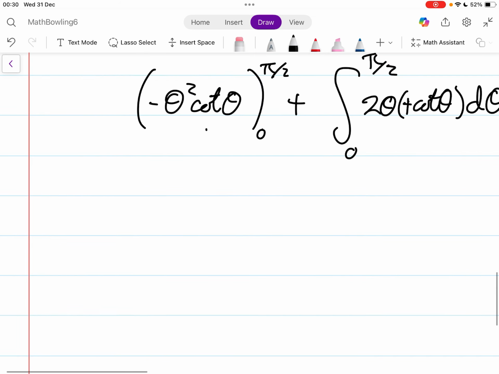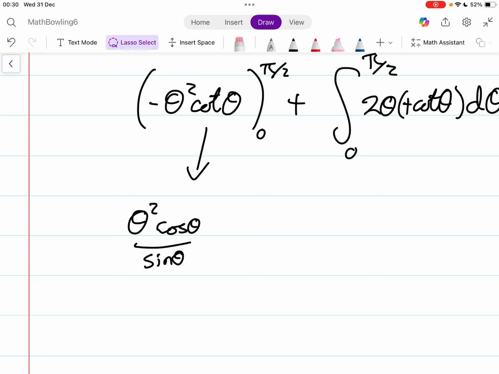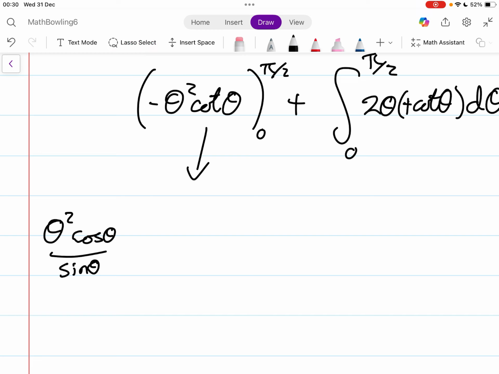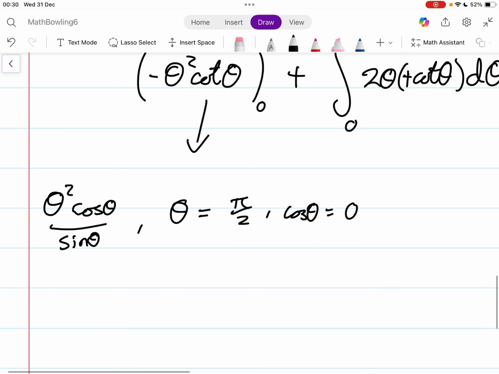Now the thing that we can notice about this is that we've got theta squared cos theta over sine theta. When theta equals pi over 2, cos theta equals 0, so that's going to be 0.